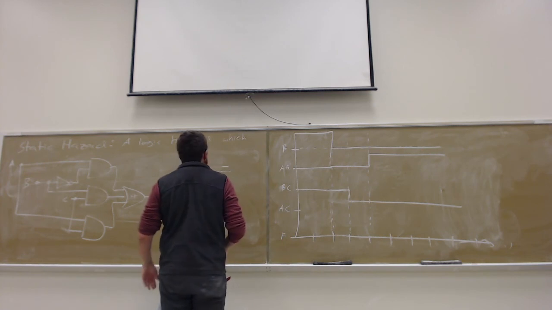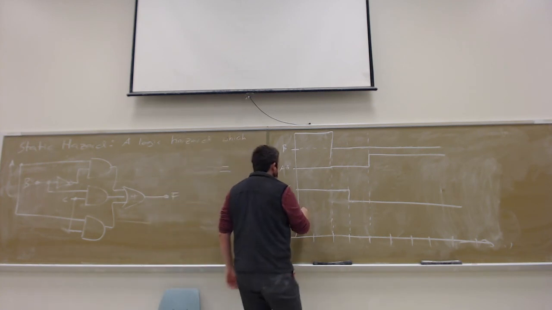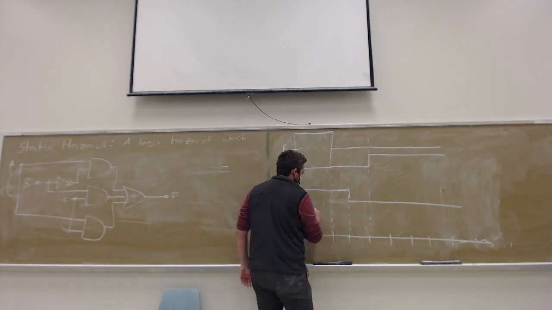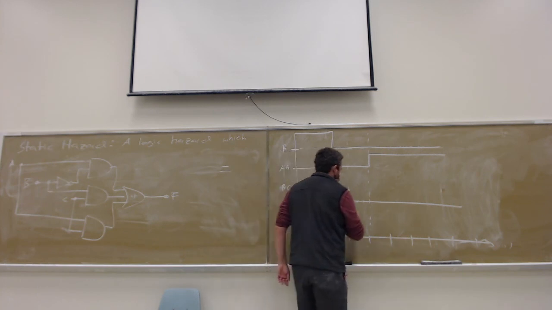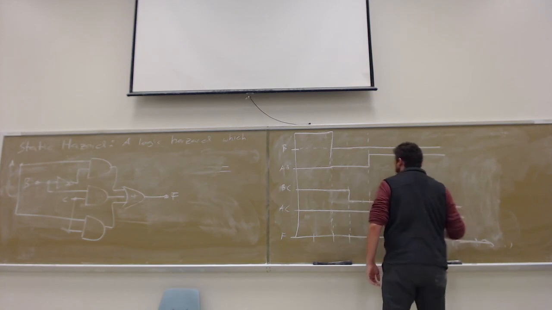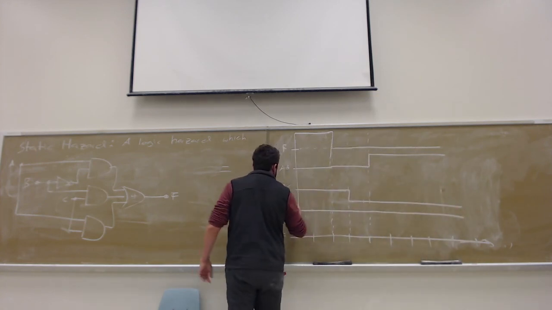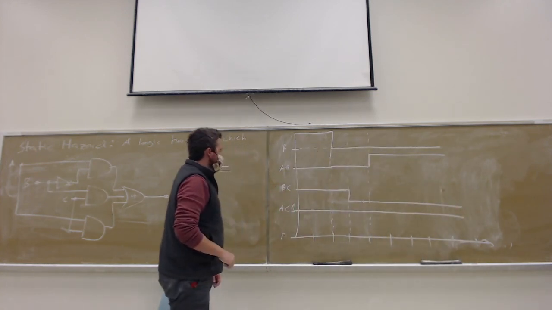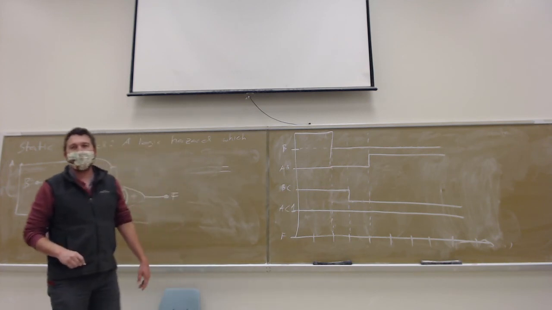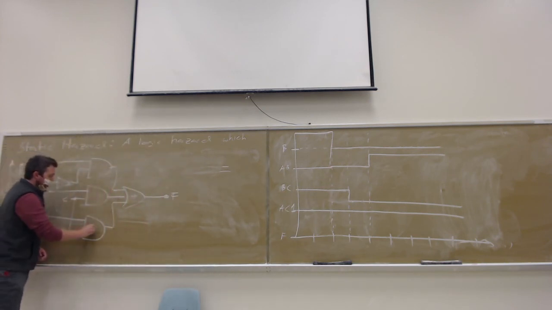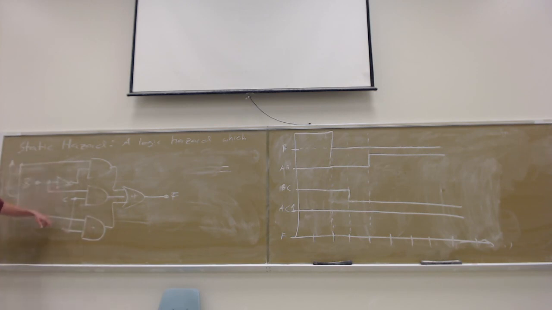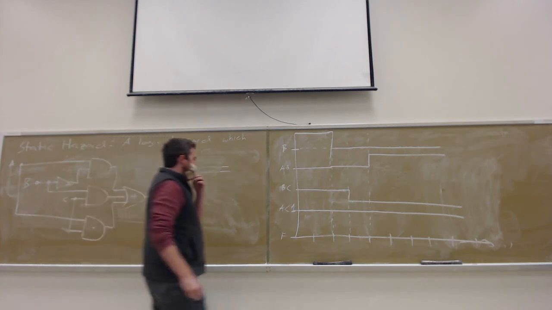Now A and C is just 1, and it stays at 1 forever. Which means what for F? We didn't even need to draw the rest of it, because if A equals 1 and C equals 1, F is going to be equal to 1 forever.